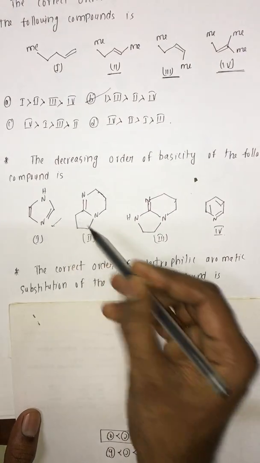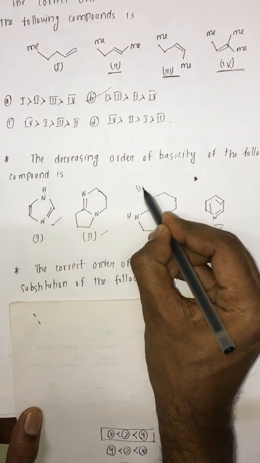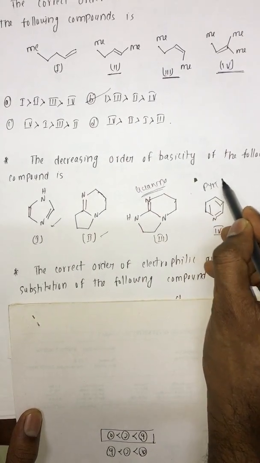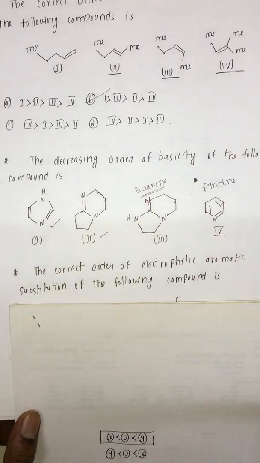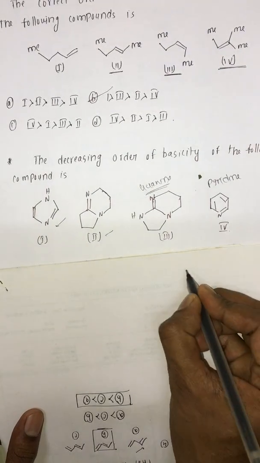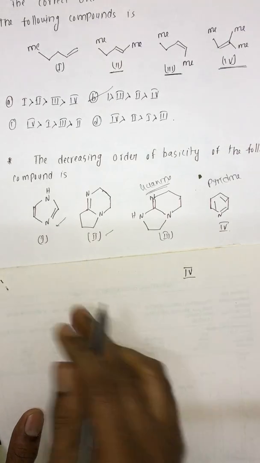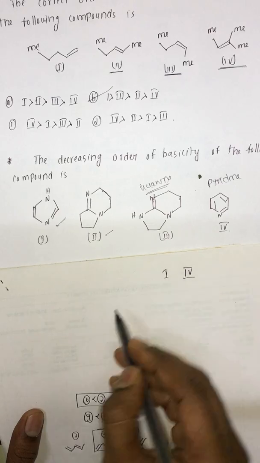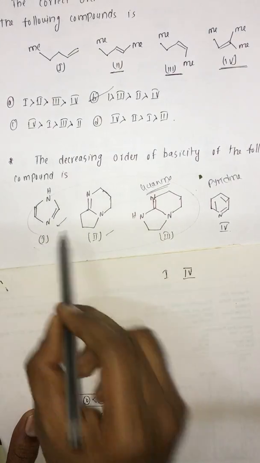So we have imidazole, we have this compound, and this is called guanine, and this is pyridine. Here we can identify easily, least basic will be pyridine, and imidazole is more basic than pyridine. Now we need to identify among these three which is more basic.